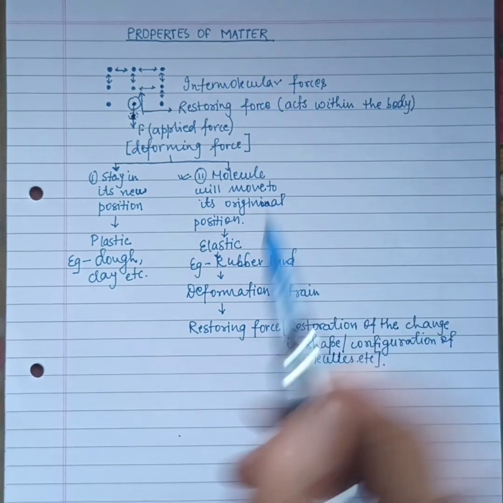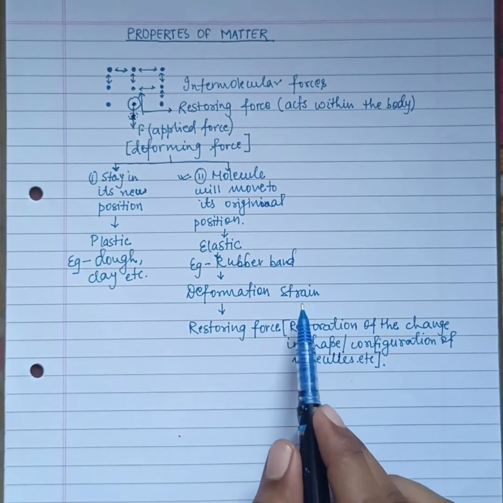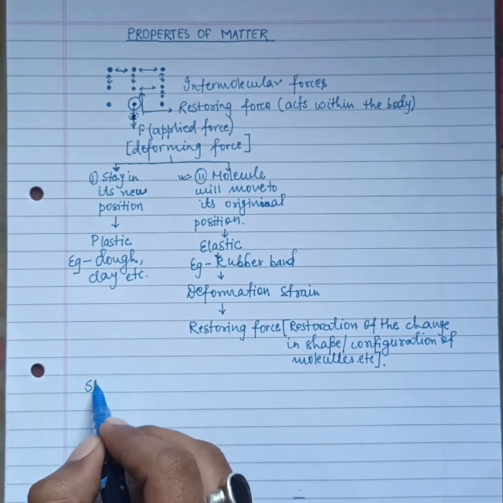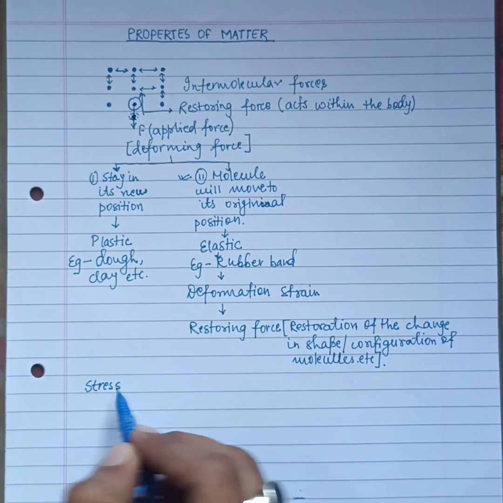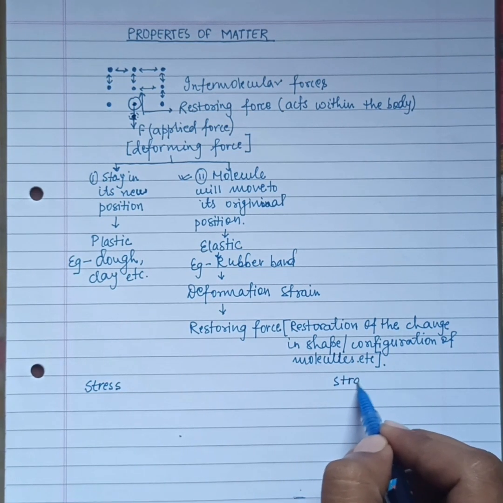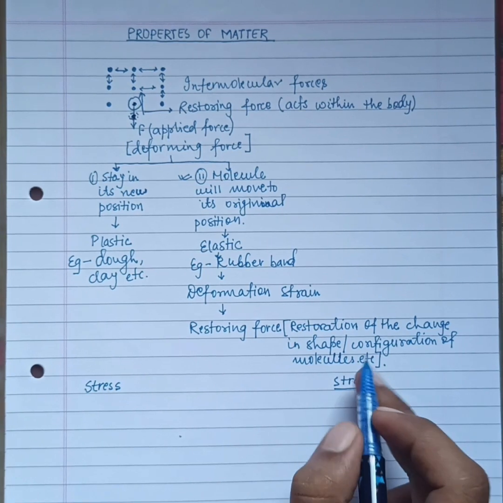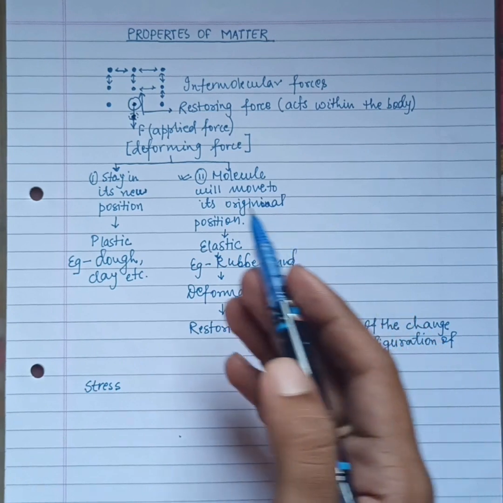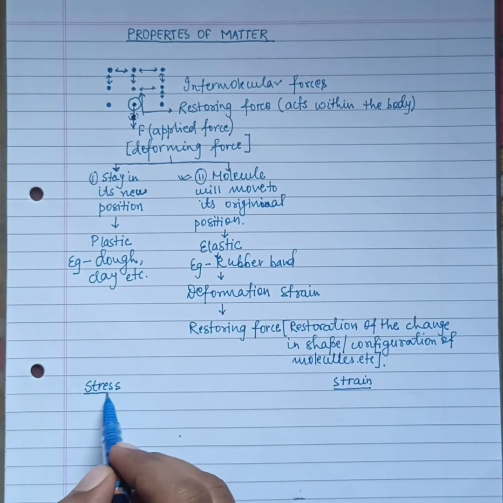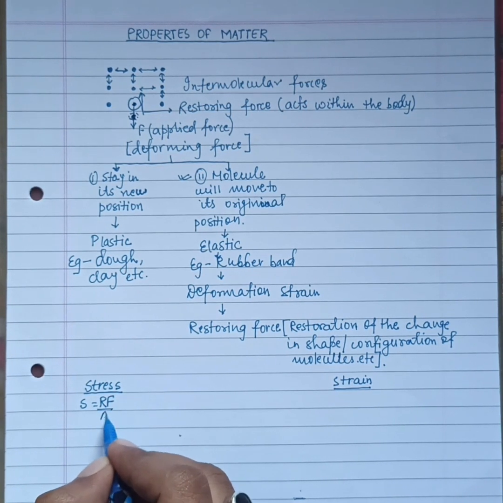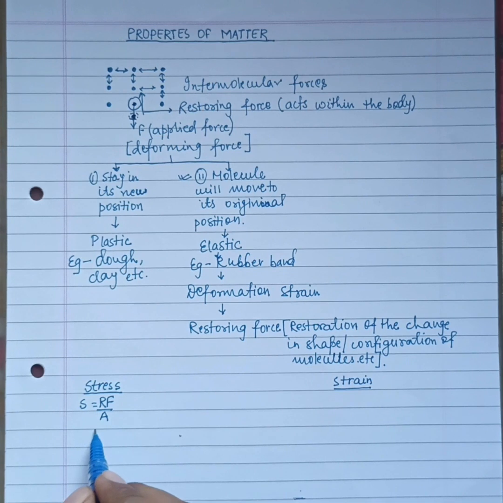Clear? Here we have studied one thing, strain, and along with that we will also study stress. Strain is nothing other than the change in the shape or configuration of the body, and stress is nothing other than the restoring force applied per unit area. Per unit area means, for example, let us consider a cylindrical rod.